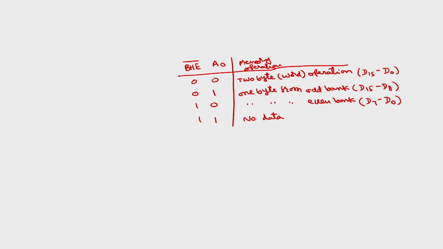Coming for one more status signal, which is called S7. There is one more status signal, but this is not multiplexed with any other signal. So normally this will be low during interrupt acknowledged signal. Interrupt acknowledge.